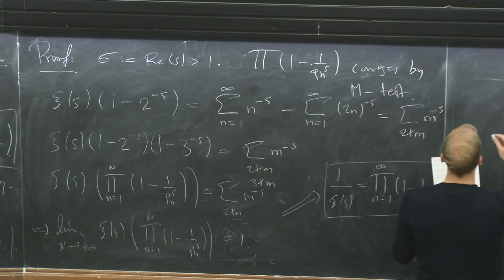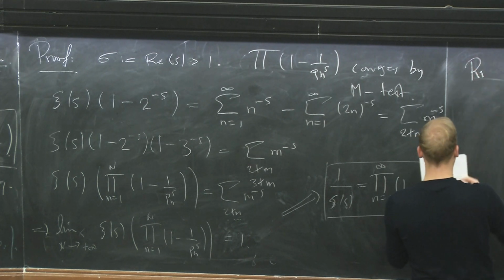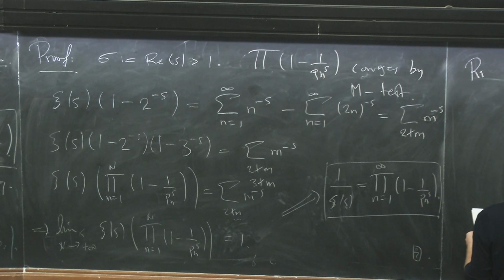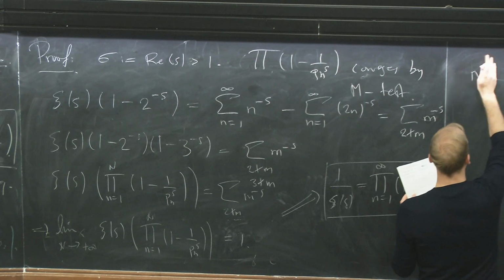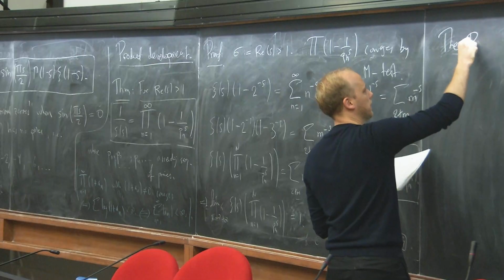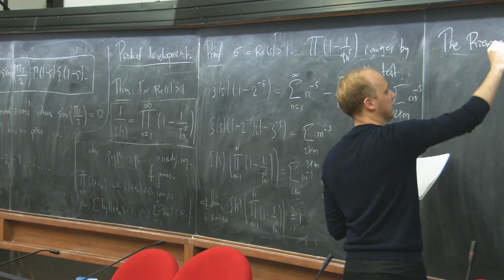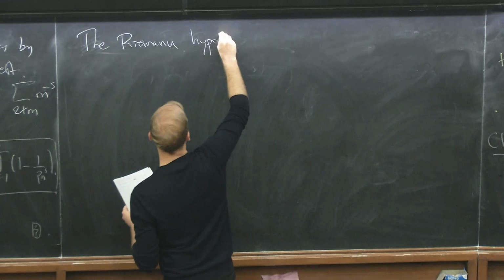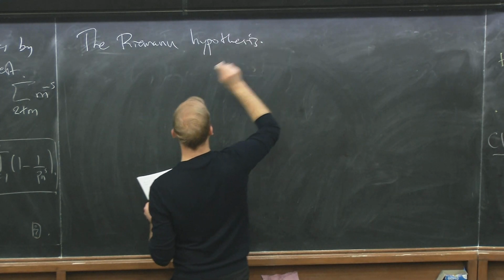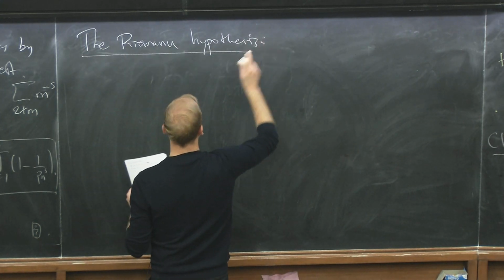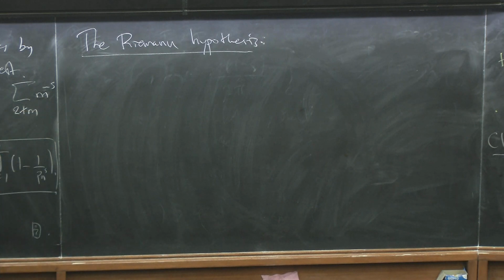Okay, and now let us finally finish the course by writing down the Riemann hypothesis. So first, let me just say in words, the discussion. Let me summarize what we have so far.